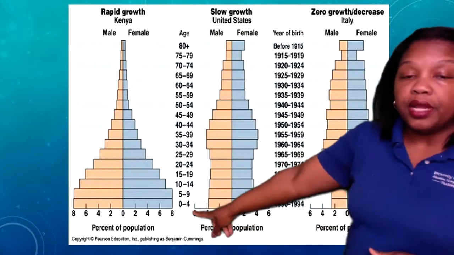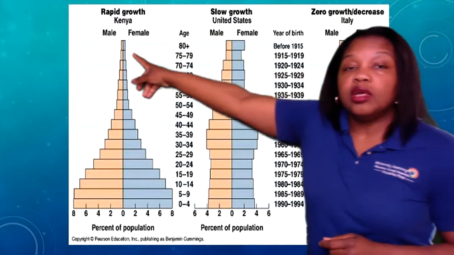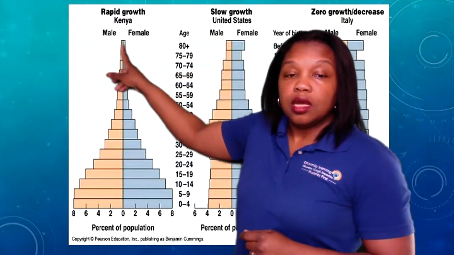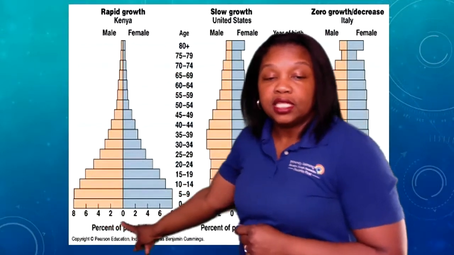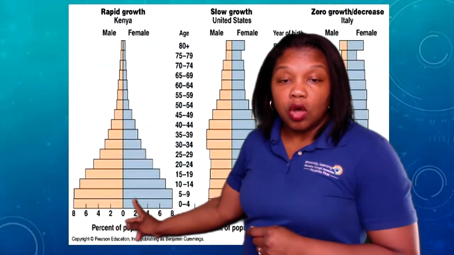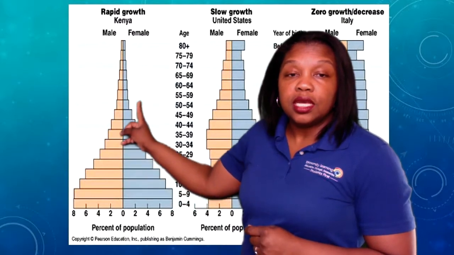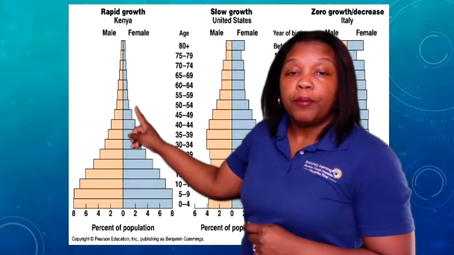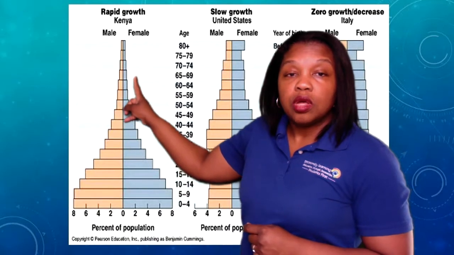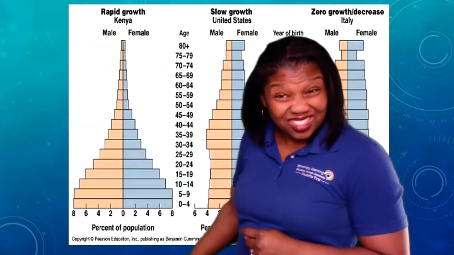Well, look at my graphs. Look at my numbers. These are my ages. Look at the older people, and look how many existed. Now you see right here, percentage of population. This is 2%. So if I follow this all the way up, do you see that? Follow my finger. When I get up past about 50 or so, the percentage of people is below 2%.